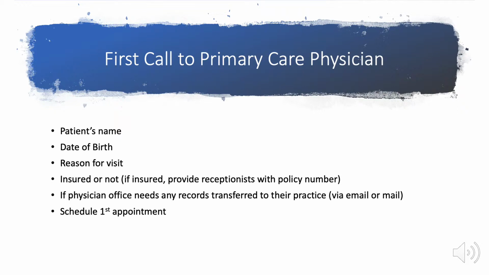If there are any previous records that need to be transferred from another clinic, the receptionist will ask the patient to have those sent via email or mail before he comes for the appointment. The request for email or mail is mirroring a major problem in the health system, which we will discuss later on. Finally, after the general information about the patient and the reason for the visit is collected, the receptionist and patient will decide on a date to schedule the first appointment.